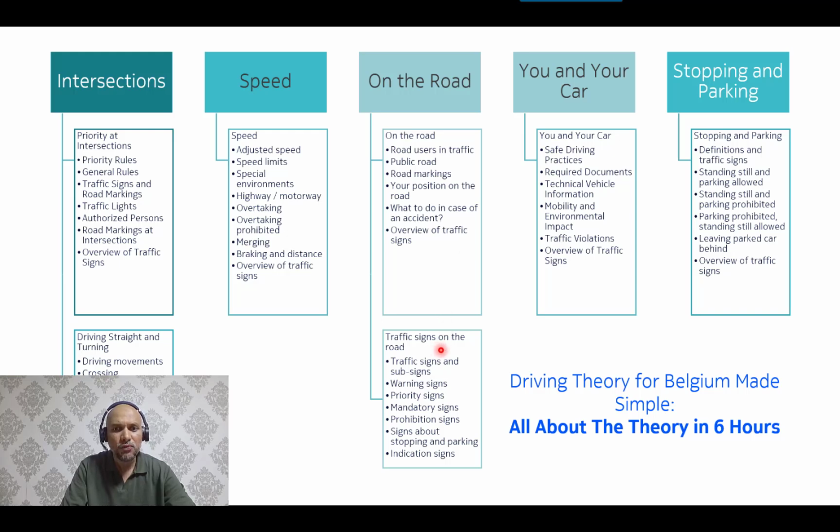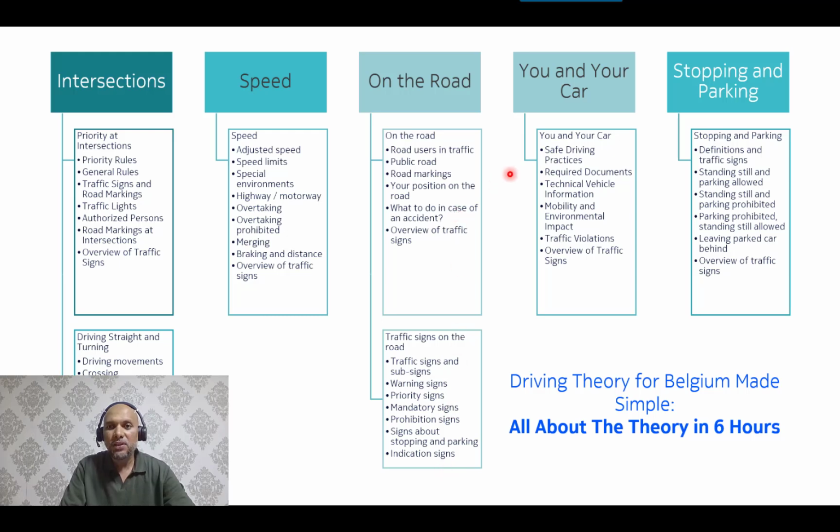And next we move to the traffic signs on the roads. Here we talk about the signs and the underboards, which are the blue plates, and then the different types of traffic signs. What are the warning signs, priority signs, mandatory signs, and prohibition signs? And we will also look at very briefly these stopping and parking signs and indication signs.